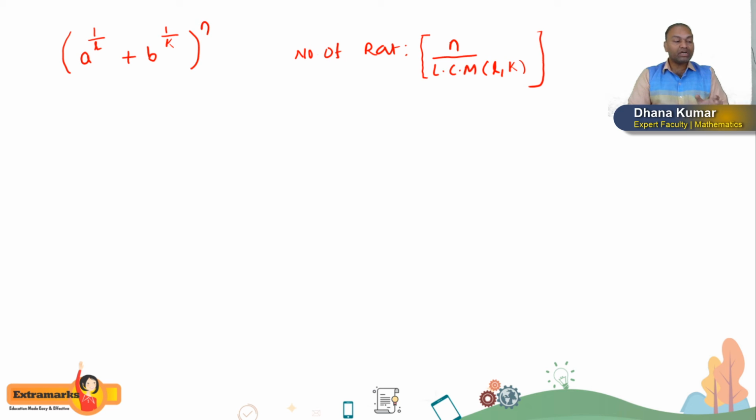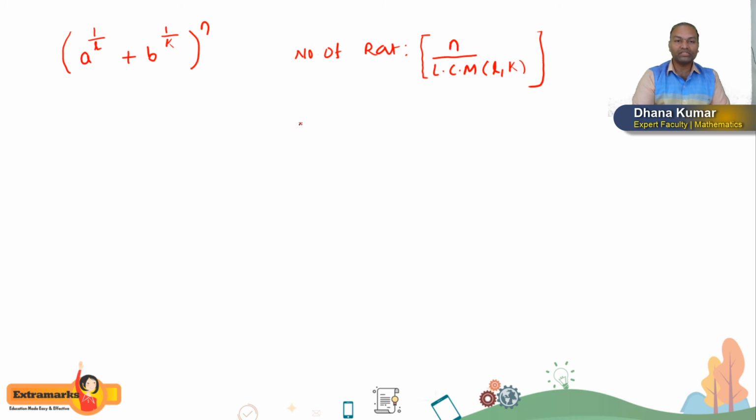And this formula will be used only when none of L and K is a factor of n. Here n is the index. When none of L and K is a factor of n, then only you use this formula.